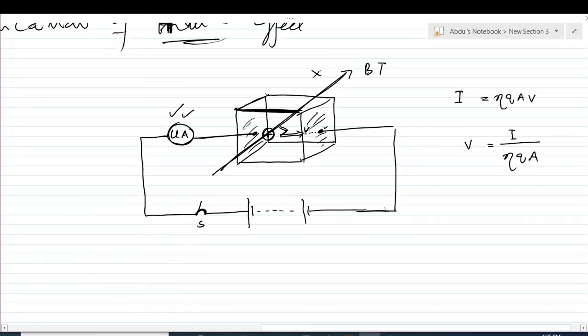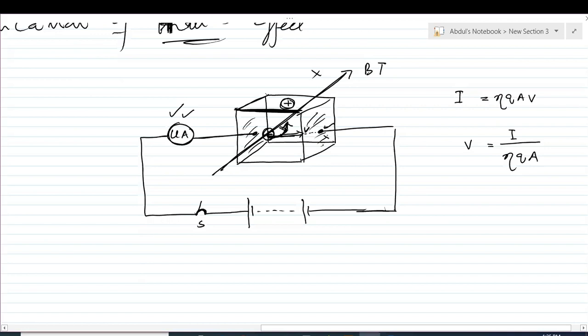So this is the direction of the magnetic field. According to Fleming's left-hand rule, this charged particle is deflected up. Look, field into the page, into the board, current towards right, so the deflection is up. So this charged particle is deflected up instead of reaching here, so it stops here.